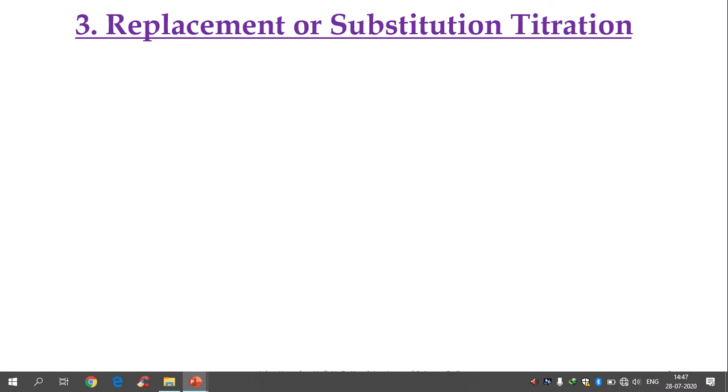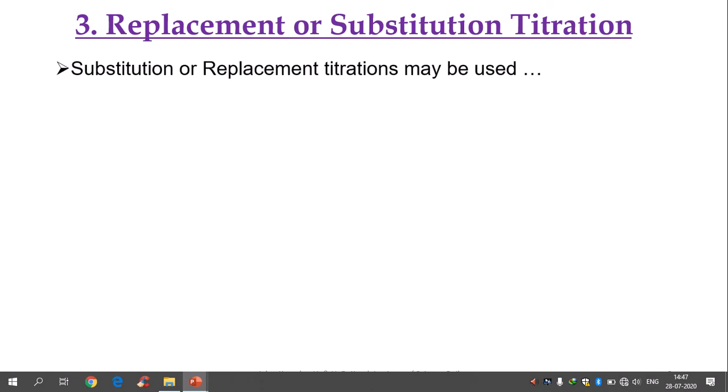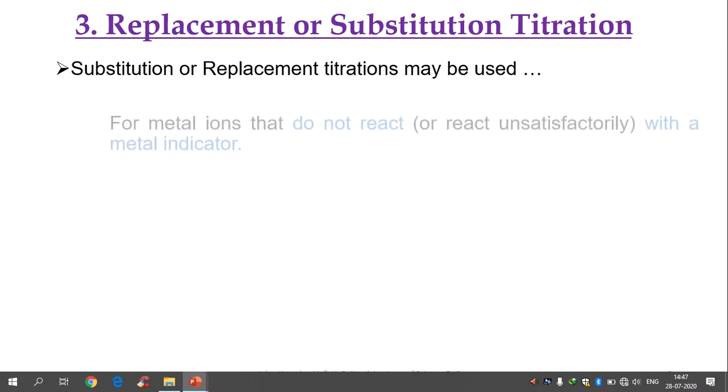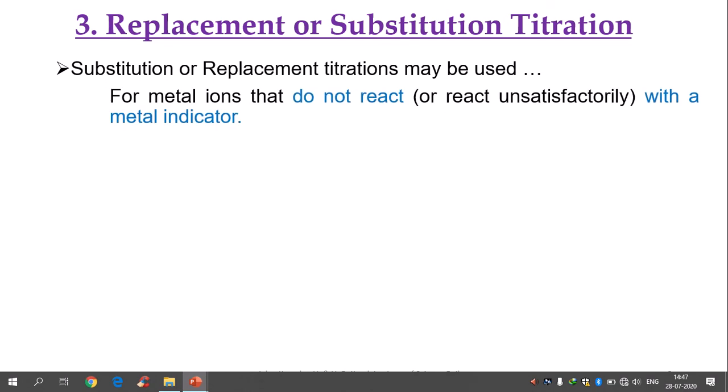Third type of titration is replacement or substitution titration. Now we require substitution or replacement titration when some metal ions do not react satisfactorily with the metal indicator, meaning that they do not give the perfect color change or end point during the complex formation.